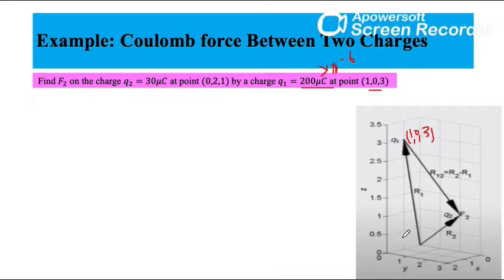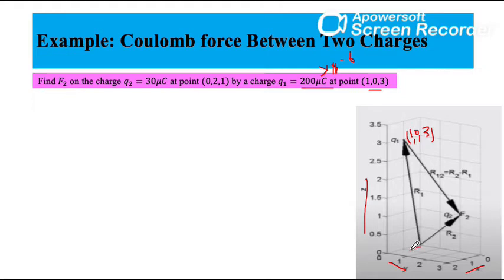In this particular figure I have rotated the axes to show you everything hopefully in a clear manner. This is the x-axis, this is the y-axis, and this is the z-axis. To locate (1, 0, 3), I have to move 1 unit along the x-axis, there is no movement in the y direction, so y is equal to 0.